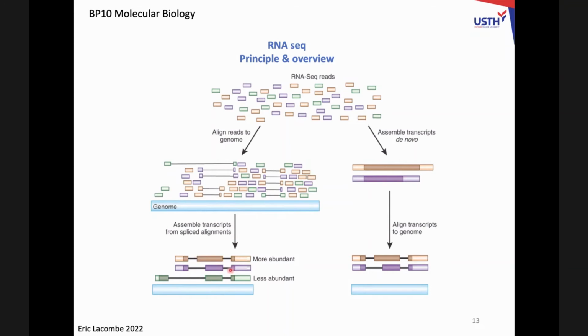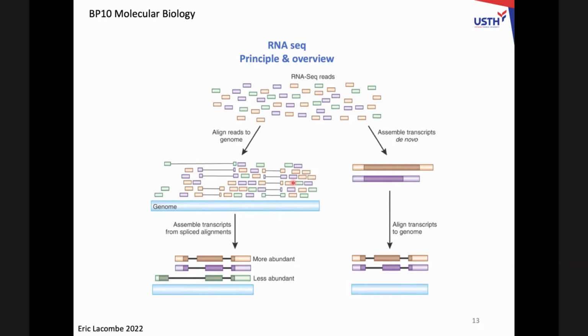For example, there is a color code here. If you see, there are purple, green, and brownish boxes. The color code corresponds to the number of those sequences that have been generated. Let me explain: this sequence has been found as many times as this one, as many times as the green, all the green boxes.